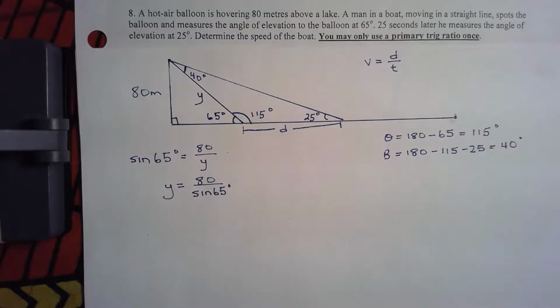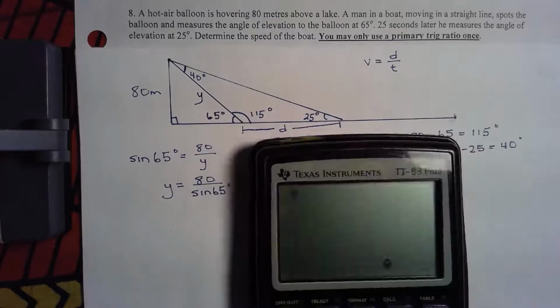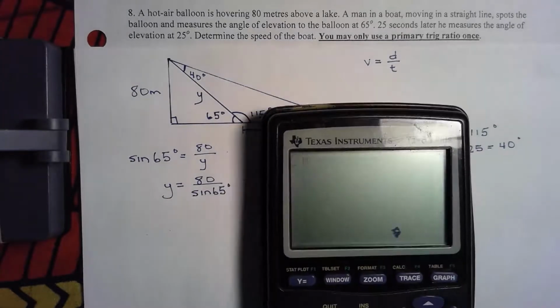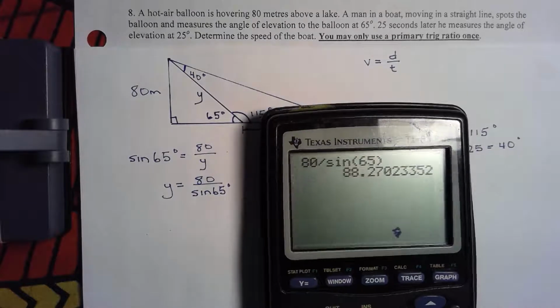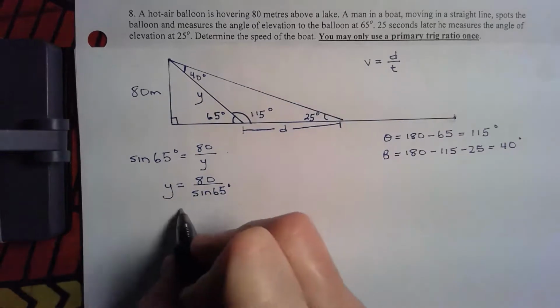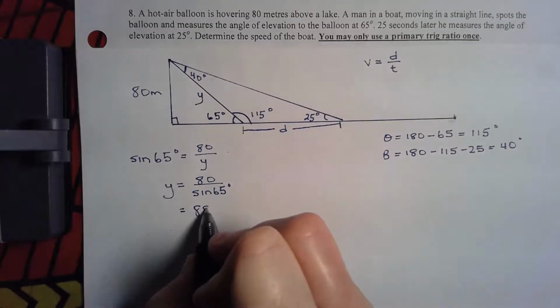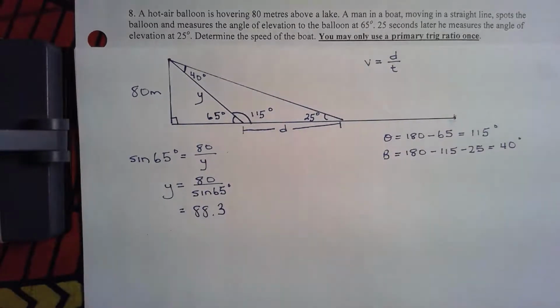Now I'm going to quickly grab my calculator and do the calculations. I'm going to do 80 divided by the sine of 65, and when I do that, I get 88.2702. So y is going to equal 88.3 approximately.